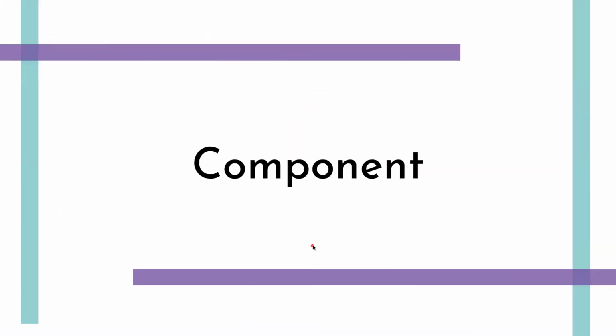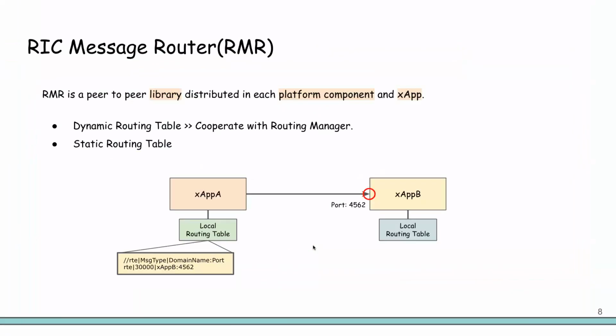Okay, so let me introduce each component. First, I want to introduce a library, which is very important. This library is called RIC Message Router, abbreviated as RMR. RMR is a peer-to-peer library distributed in each platform component and xApp. The goal is to let different components in this platform communicate.